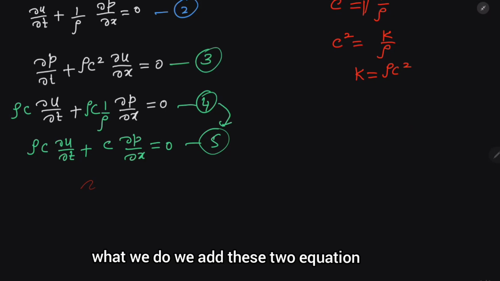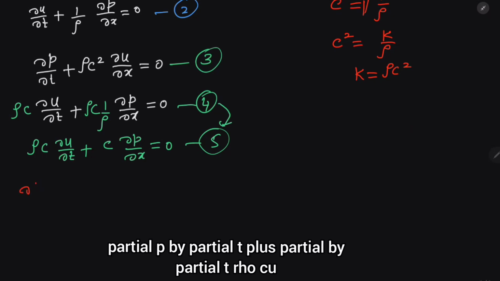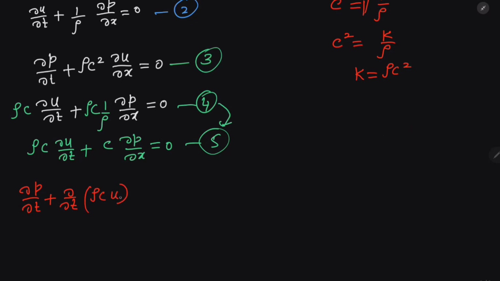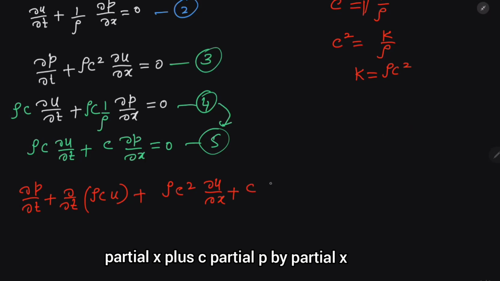Then what we do, we add these two equations: partial p by partial t plus partial by partial t of rho c u, plus, adding 3 and 5, rho c squared partial u by partial x plus c partial p by partial x.